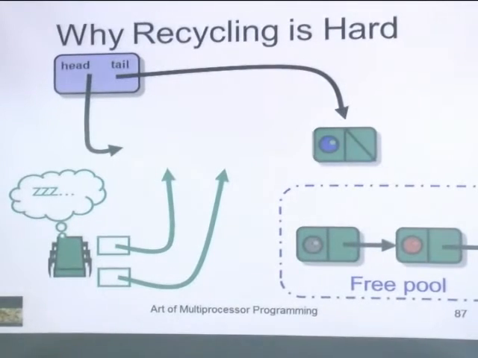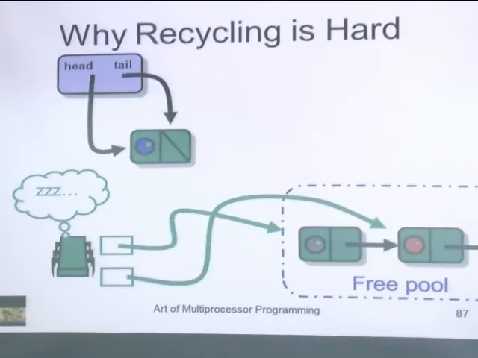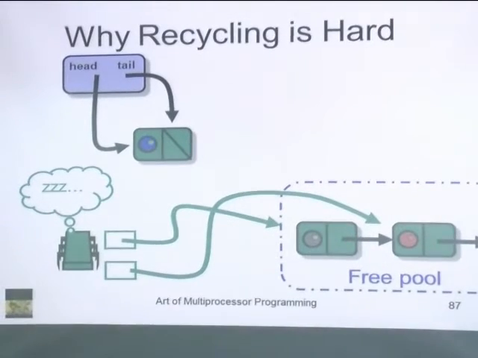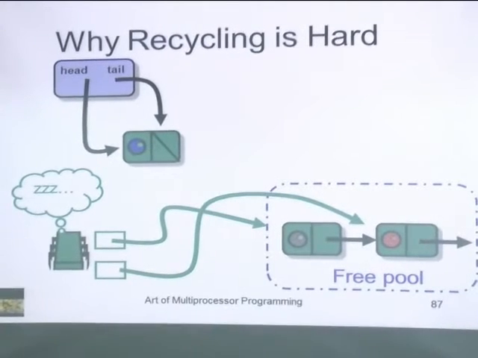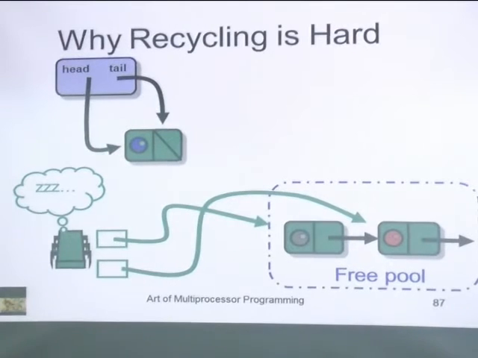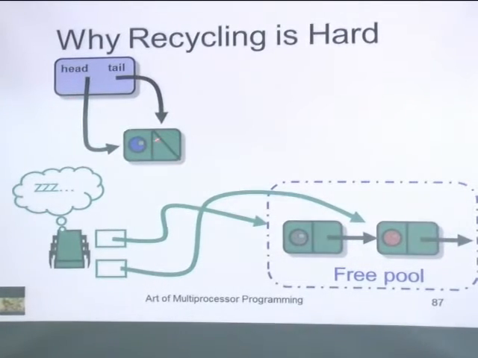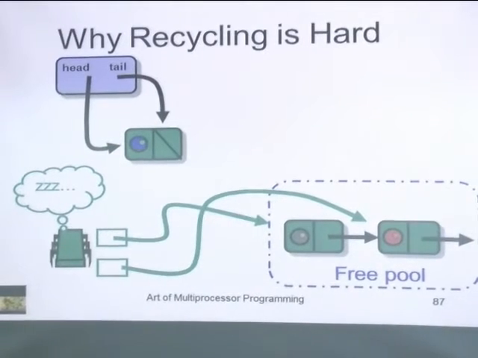Now, what happens is all kinds of other threads come along, and they do lots of DQs and move these items into the free pool because they've both been DQ'd while this thread is off on vacation. And currently, this is what the queue looks like. It's empty. This is a sentinel node.